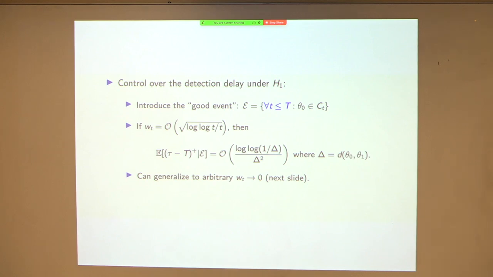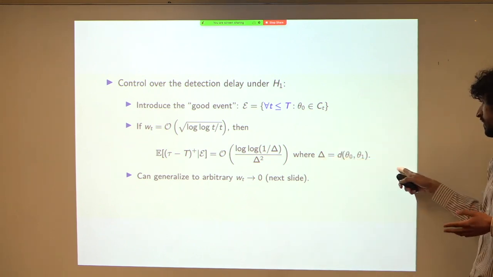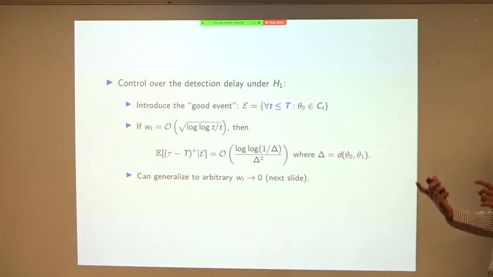So these confidence sequences with probability 1 minus alpha: every interval you construct covers your true parameter, but with probability alpha they don't. So the good event is a high probability event with probability 1 minus alpha. The good event is saying that before time t, your confidence sequences did actually contain your true parameter, and if our width is like square root log t by t, like it often is, then the expected detection delay conditioned on the good event looks like log 1 over delta by delta squared, and there's a log 1 over alpha term as well, where delta is the amount of the change.